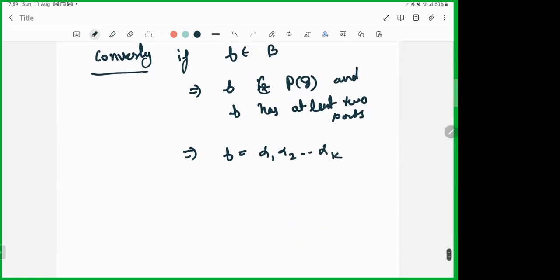Then send b to a by mapping b to alpha 1 plus 3, alpha 2, up to alpha k. Then the given condition holds, because alpha 1 plus 3 minus alpha 2 is greater than or equal to 3 always, since alpha 1 is at least alpha 2 by definition. So I hope it is clear now. If not, you can ask me again. Is this clear?